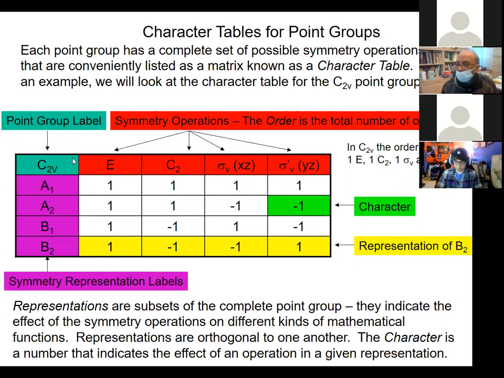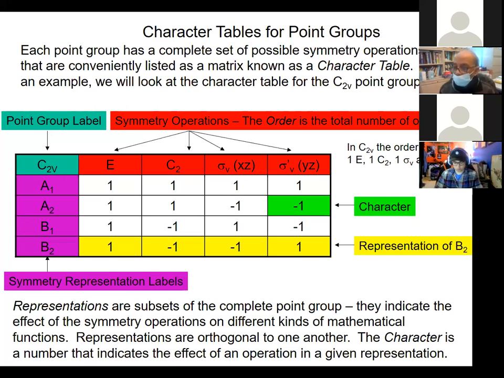Okay, excellent. So what we have in all character tables is, on the left-hand side top column, the point group label. For example, if this were a C2V point group, remember those of you who have done point groups, I think I uploaded a refresher course on point groups.